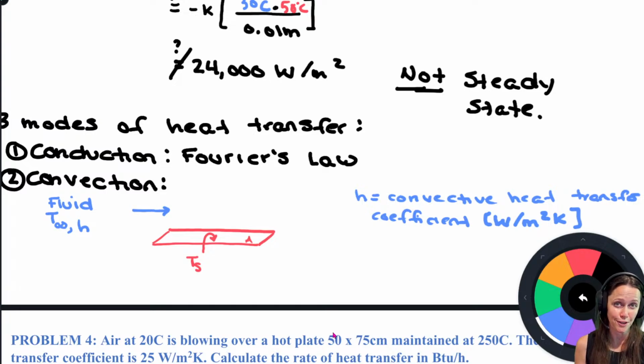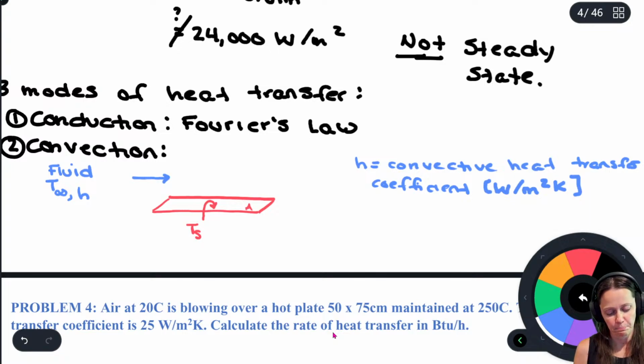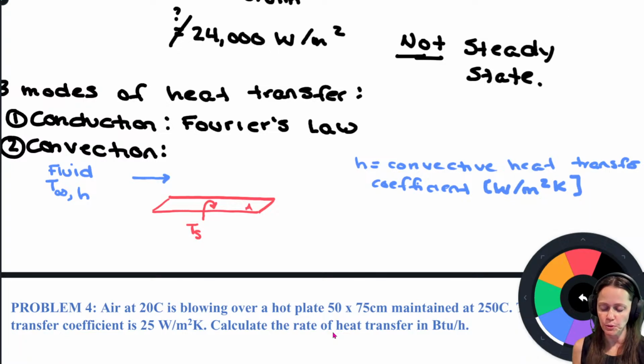It's not a trivial thing, and we'll deal with it in Unit 4. But at least for the first 3 units, the first 3 weeks, it's just going to be given to us. Again, it's dependent on the fluid, its thermal conductivity, and its flow characteristics.